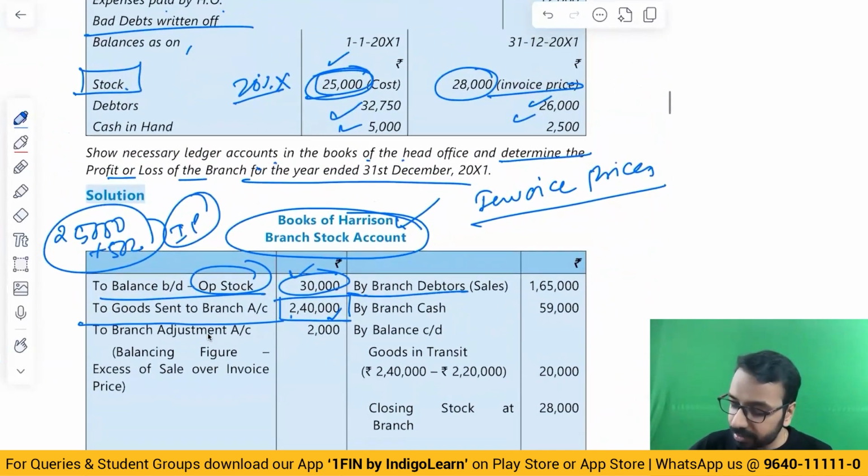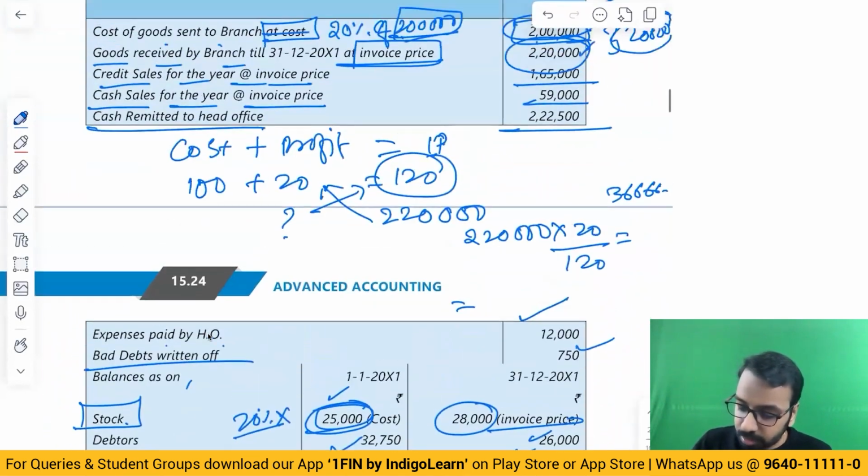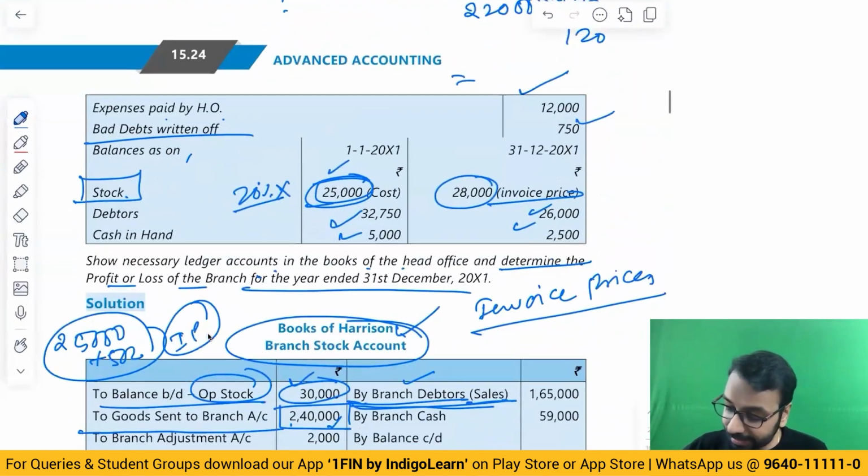All right. Then sales. Now, why are we saying by branch debtors by sales here? Basically, the stock is going out. Now, when the stock is going out, if you see the sales at invoice price 1,65,000 means the branch has dispatched goods worth 1,65,000. So that is what you will credit here.